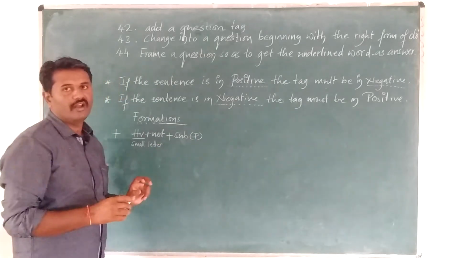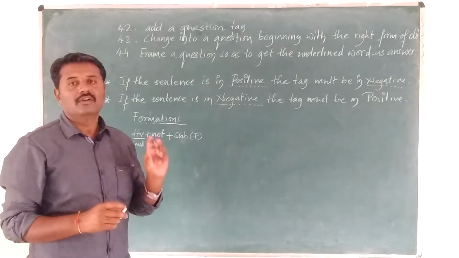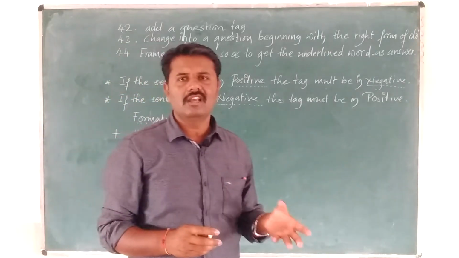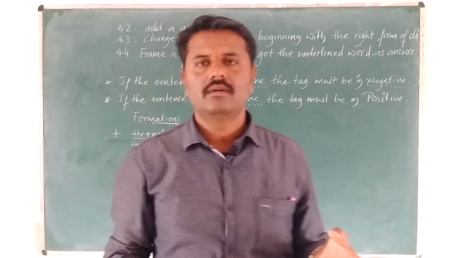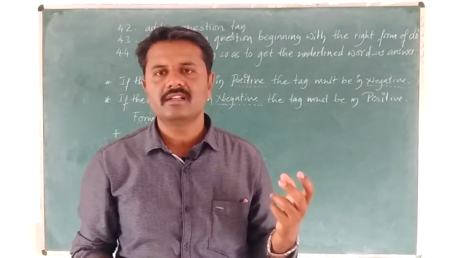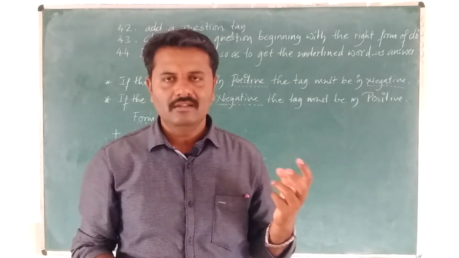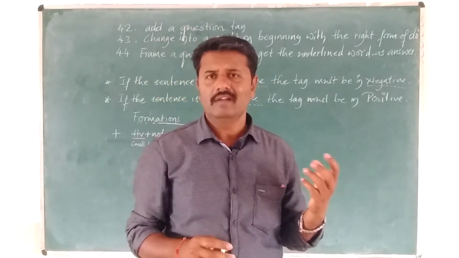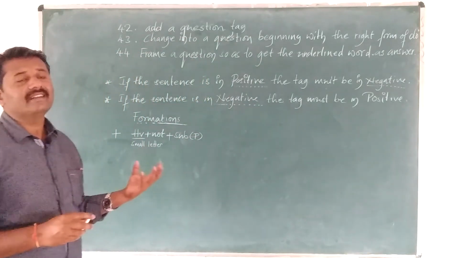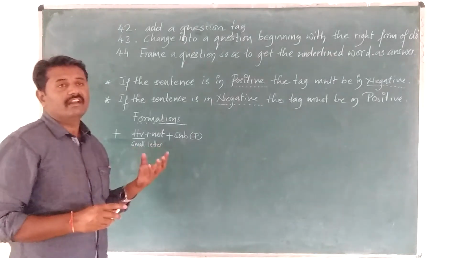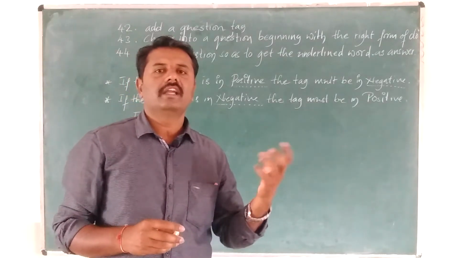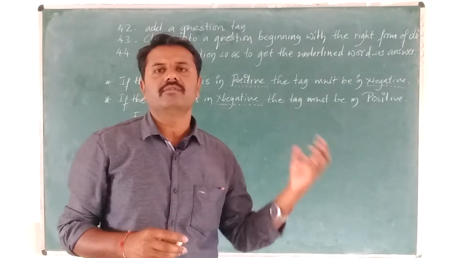So P means here pronoun. If the subject is a proper noun, say for example, Praveen is a teacher, Mohan is a dancer, there the subject is a proper noun. While we are adding tags to those sentences, we don't write the proper noun. We translate it into a pronoun, so we put that there.